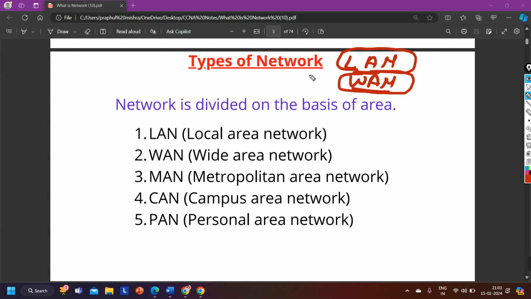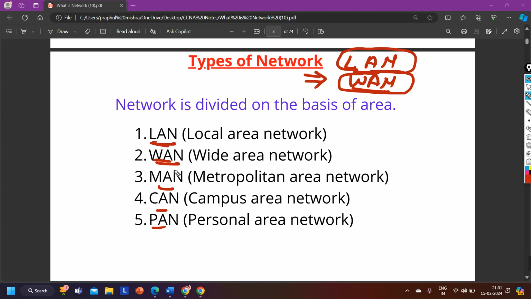According to the topology defined, we have only two types of network, but we are human and we have divided the network into multiple parts like LAN, WAN, MAN, CAN, PAN. But there are only two types of topology-defined network, LAN and WAN. Soon I am going to make you understand LAN and WAN, don't worry. But for now, you can assume there are five types of networks.